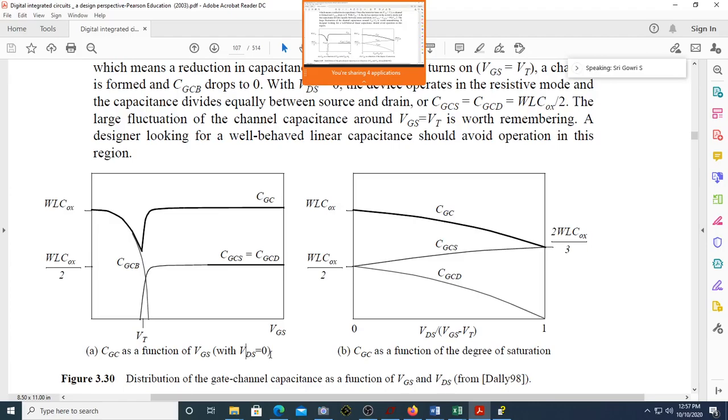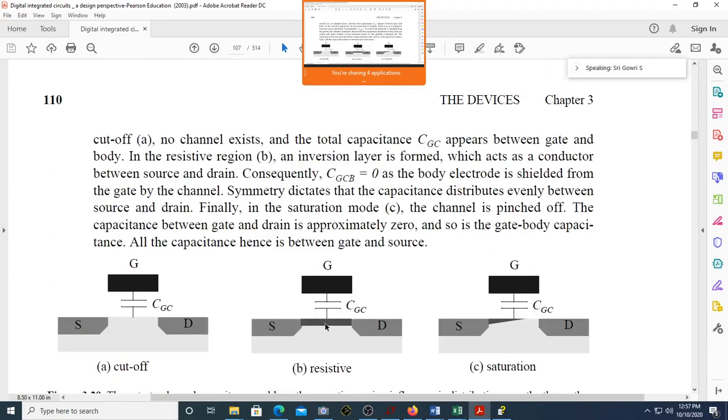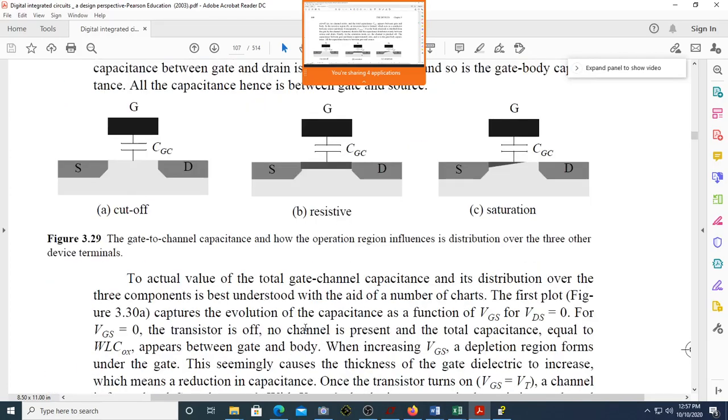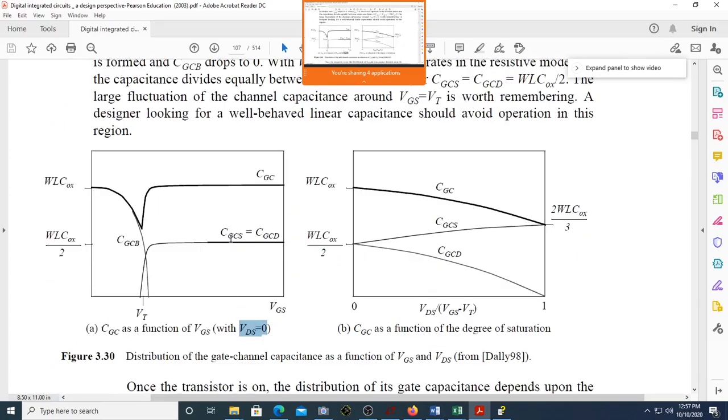Can you see this VDS 0? Yes, sir. VDS 0 corresponds to something like this. Whatever capacitance you have is divided equally between source and drain. That's why CGCS is equal to CGCD, which is exactly half of that. If you add these two, it will again become full, that is W by L into Cox.